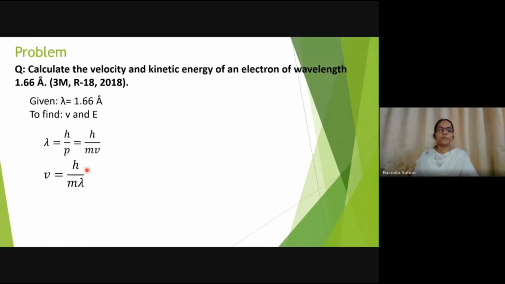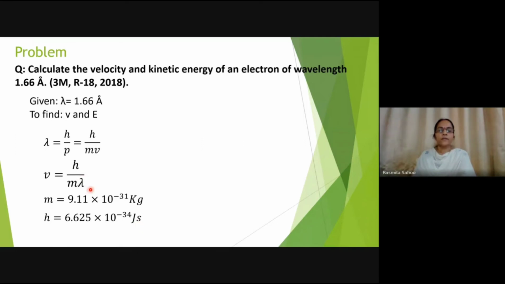Now substituting all these values, m is 9.11 into 10 to the power minus 31 kg. What is h? h is 6.625 into 10 to the power minus 34 joule second.